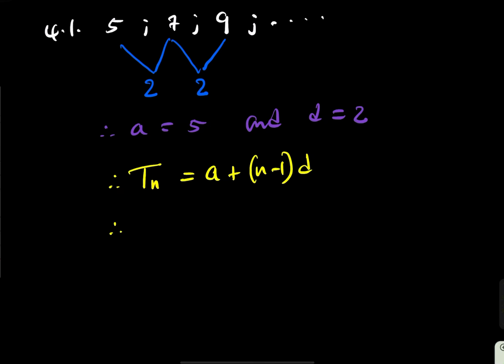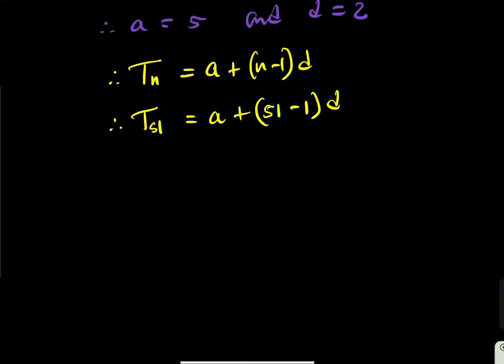But n now is 51. So you write T51 is equal to A plus 51 minus 1 times d, and this will then mean that T51 is equal to A plus 50d.